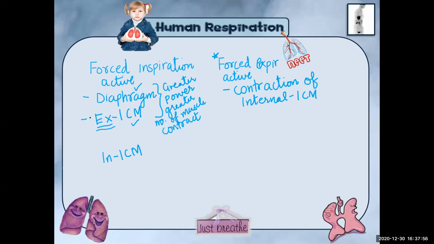You remember अभी 2 मिनट पहले, forced inspiration, external intercostal muscles के वजह से ribs were being pushed upwards and outwards.